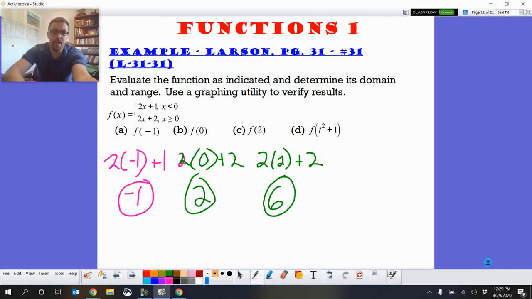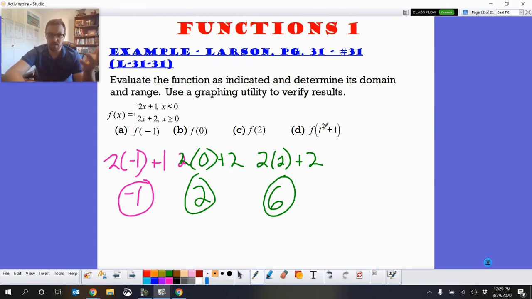Sweet. All right. Now this one's sneaky. So we've got t squared plus 1. Is t squared plus 1 less than 0? Well, basically this question is asking me, is it positive or is it negative? Well, I know that if you square something, it's always positive.